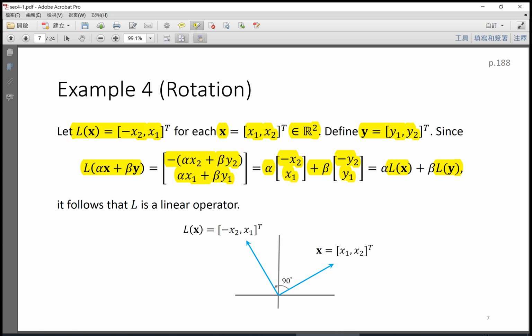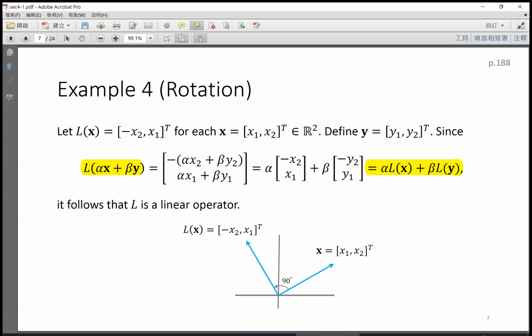Therefore, we have shown L(αx + βy) equals αL(x) + βL(y). And this equality holds for all x, y in R2 and all scalars α and β.